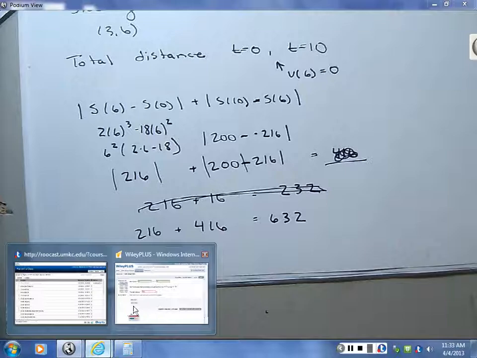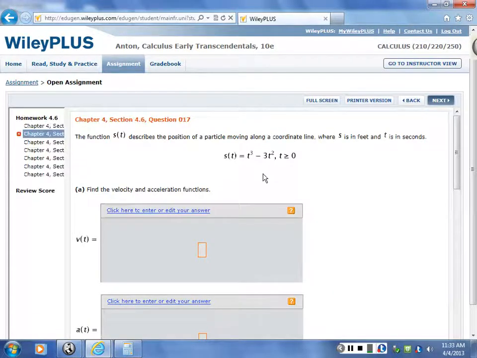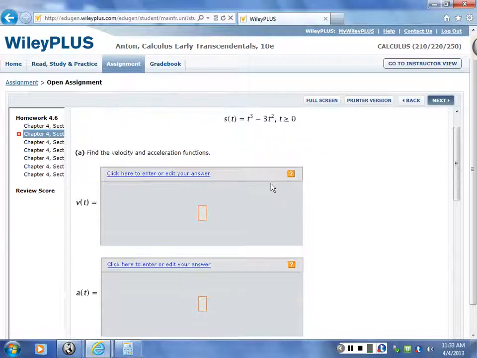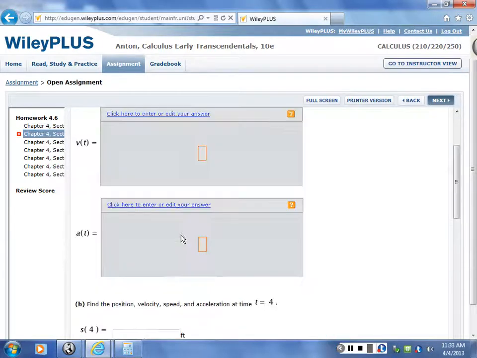So let's go back, repeat question. Let's go ahead and do the distance here, because we don't have to go back and input everything, but I want to show you how the distance traveled works, because honestly that's the most difficult thing in this section, that total distance traveled.